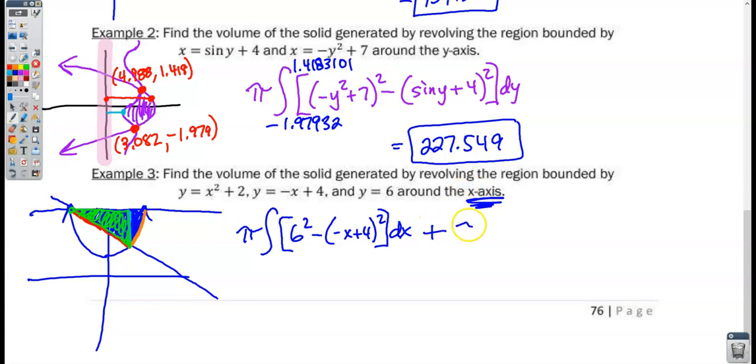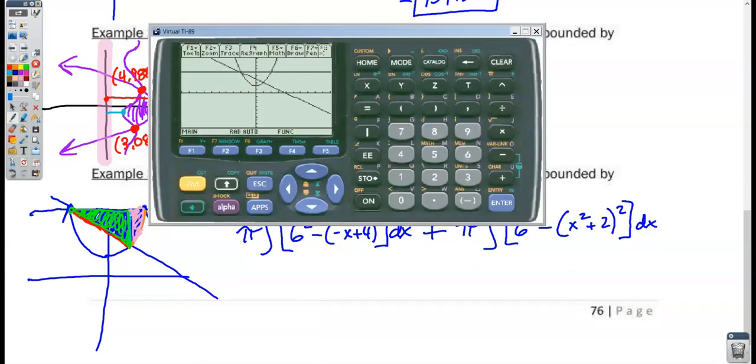And then I'm going to add to that this other volume, which I'll color in pink. This region right here, where the upper curve is still 6, but the lower curve transitions to be the parabola. And now all I need is my limits of integration, which are going to be the x-coordinates of these pertinent points on the graph.